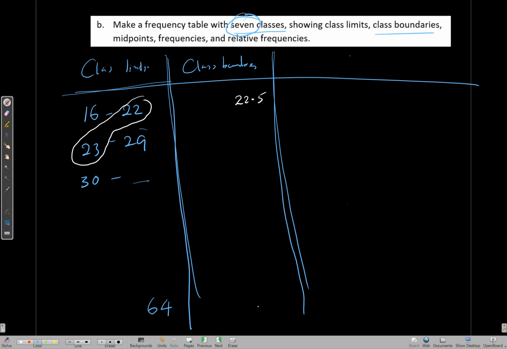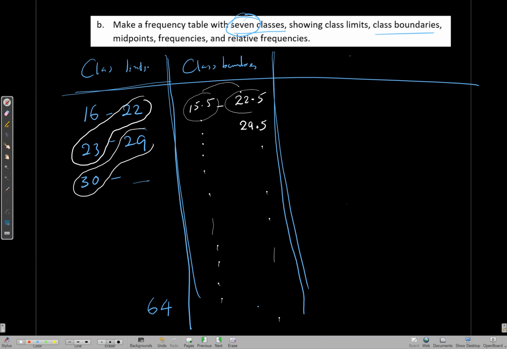The midpoint between those two, 29.1, that is the upper limit of your class boundary. It's always the second row. So the first one is going to be minus 7 of this one, that's 15.5. Like that you complete it. Actually, there is a nice pattern if you think about this.